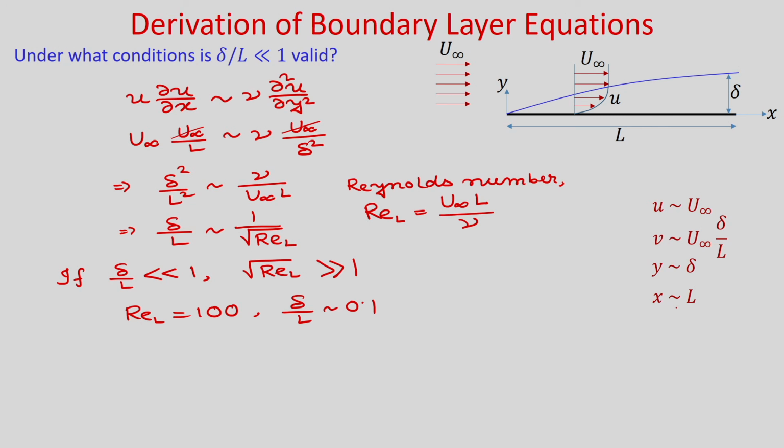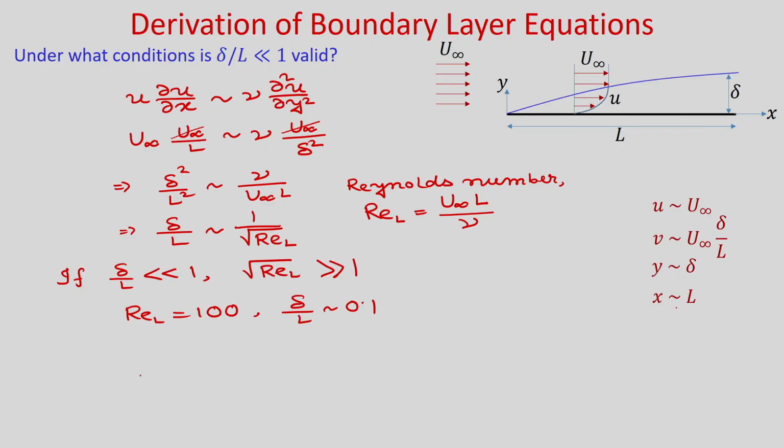So, this boundary layer approximation is valid at high Reynolds number. Similarly, at any length x, if you define delta by x, we can write 1 by root Re x, where Re x is the Reynolds number based on the length x.